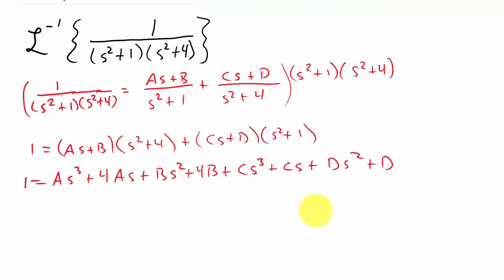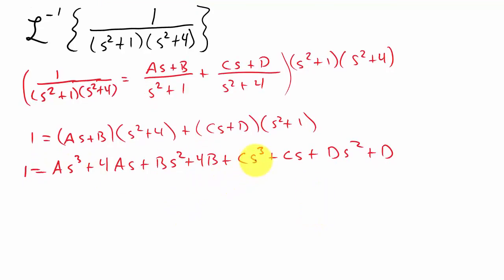Alright, so what we're going to do here is group like terms together. So this is 1 equals as cubed plus cs cubed. Okay, so those are taken care of. And then I have plus bs squared plus ds squared.